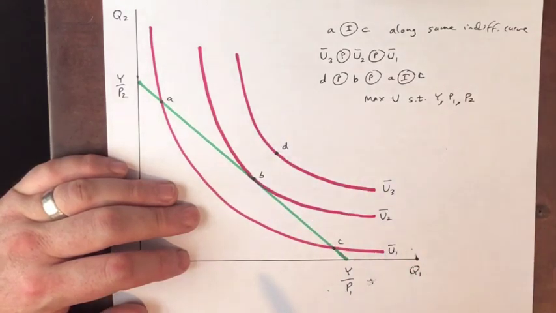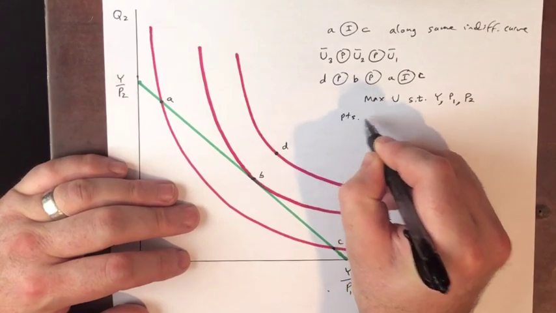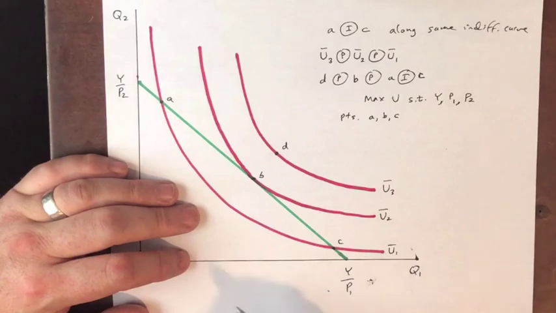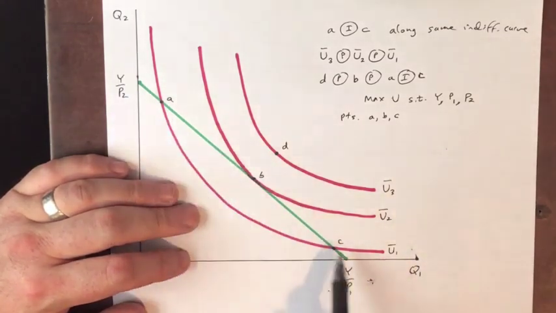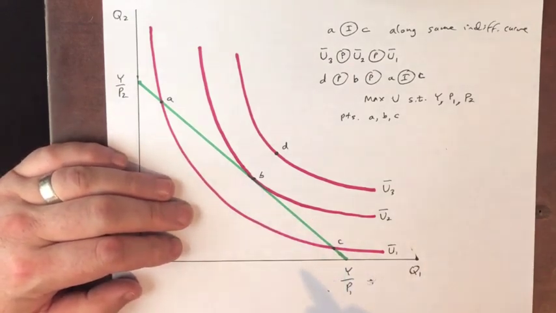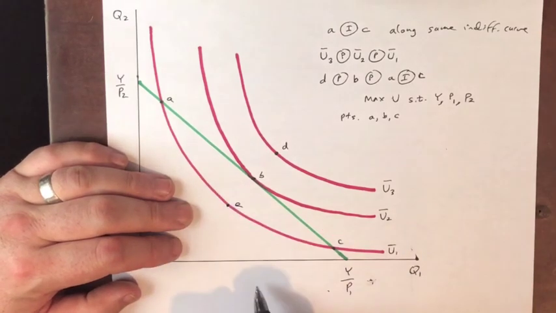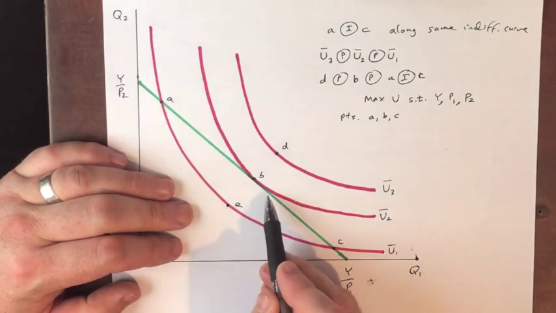So if we add the constraints, what this tells us is points A, B, and C, well, these points are all possible, right? Because they're along the indifference curve. That tells us what's possible, okay? Now we could also choose some point inside the curve, right? Like we could choose some point E. That's also possible, but that doesn't go up to our full budget line, right?